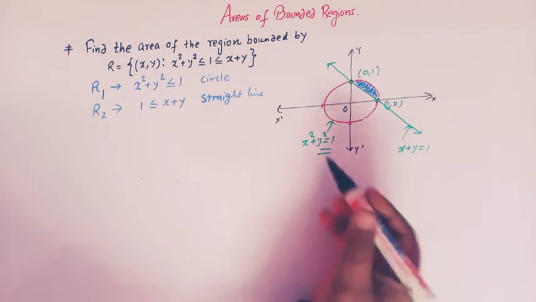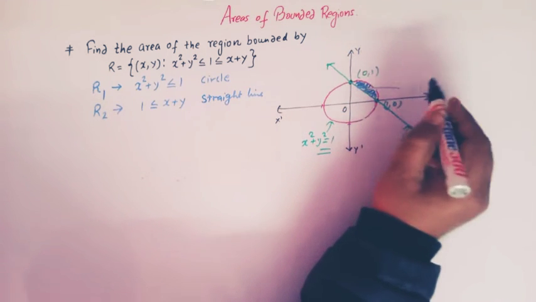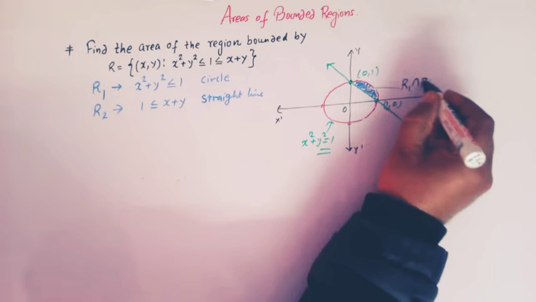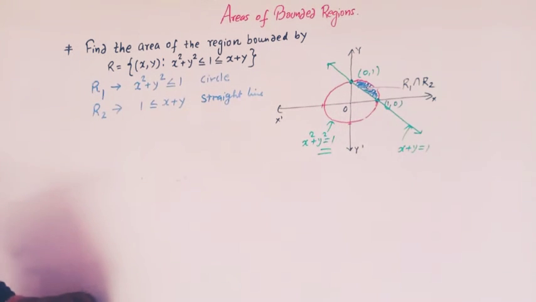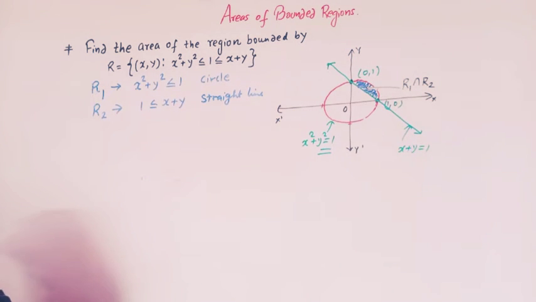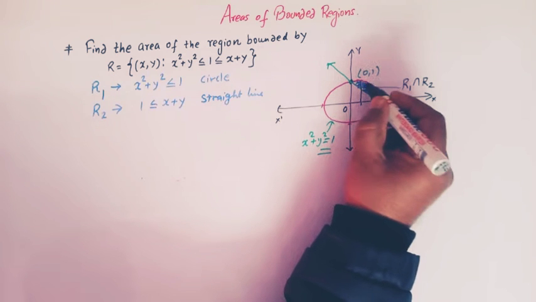So now viewers, we have thus seen that this shaded region represents our required area, which is R1 intersection R2, and we have to find the area of this region using the concept of integration, right? So for this, we'll take a strip like this.